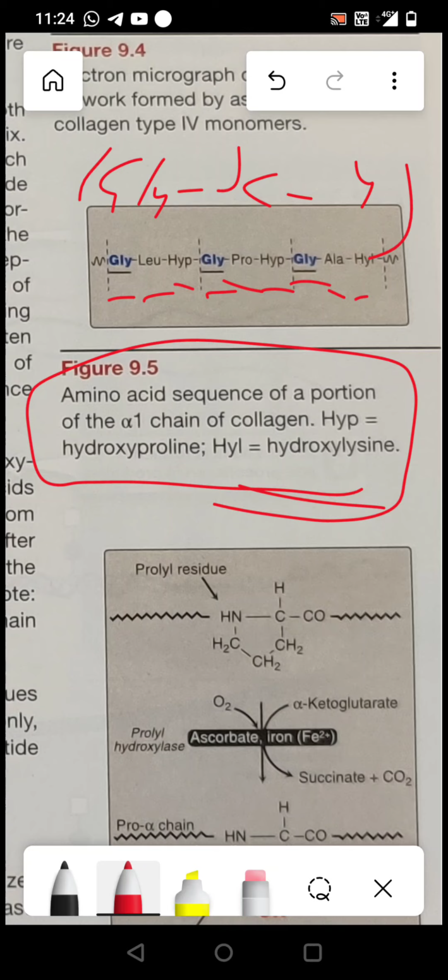So in the peptide chain, wherever proline is there it will create a kink, because proline by itself has a ring structure. Proline is a ring structure, like tryptophan.